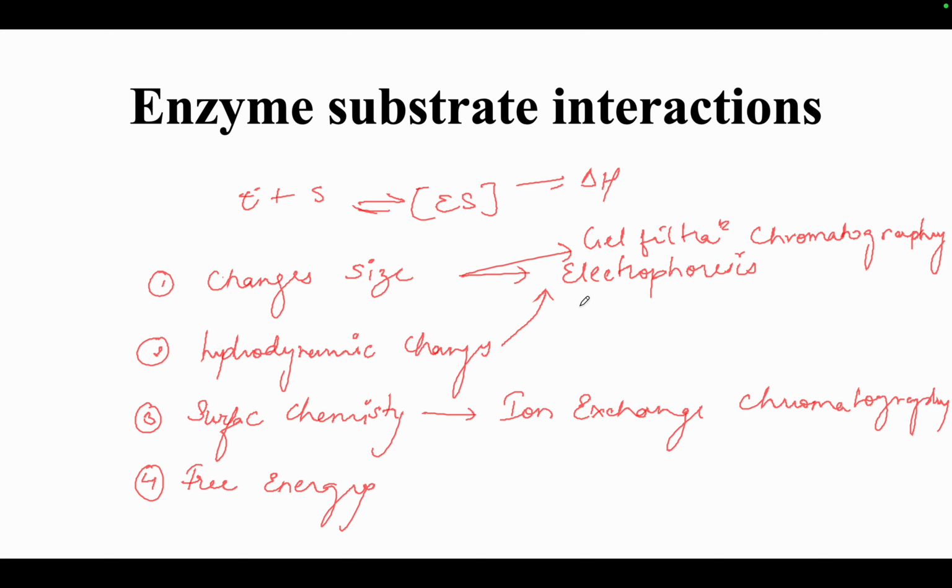So all these heat related changes, a change in free energy or enthalpy, could be measured by ITC, that we will study in today's class. What is this ITC? We'll study this.